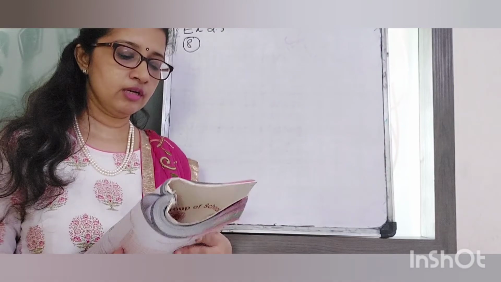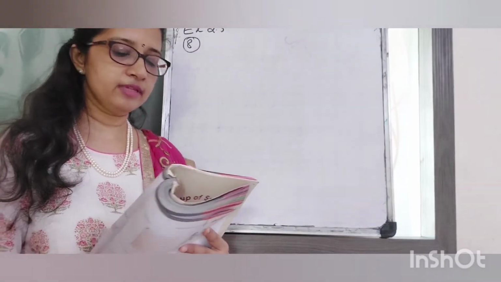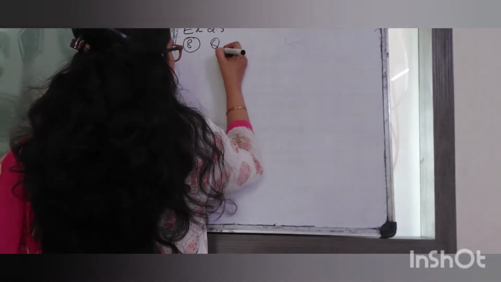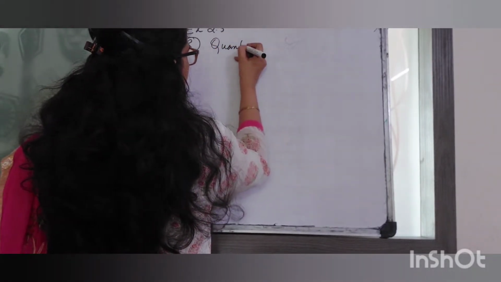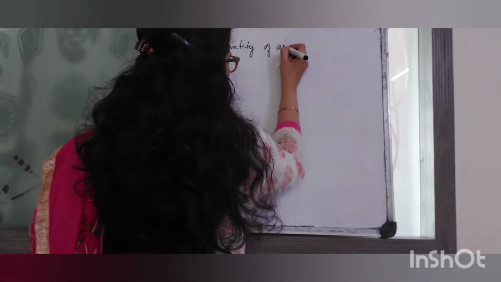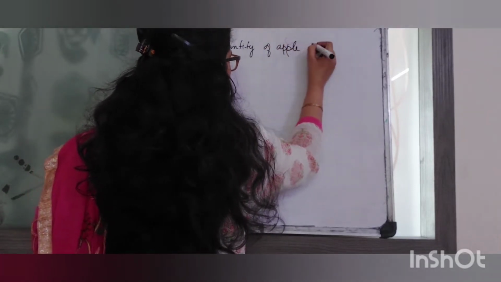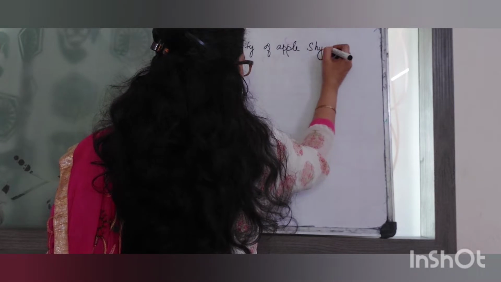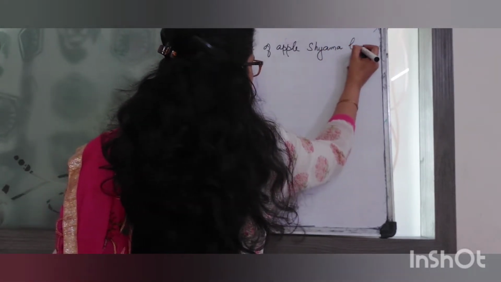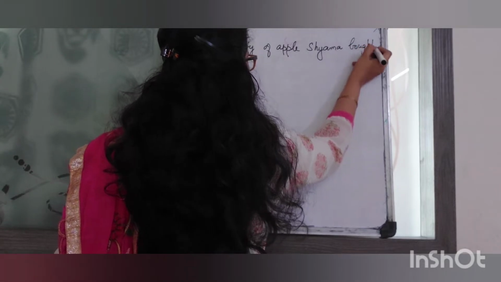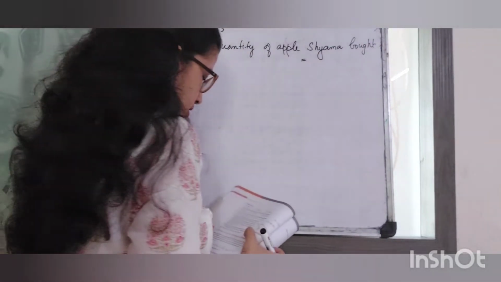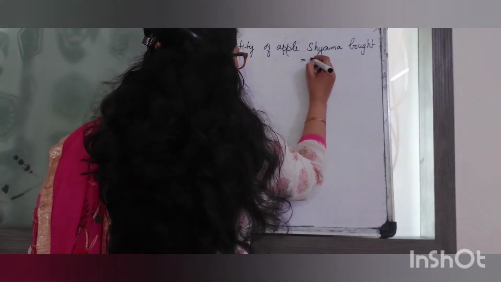Shyama bought 5 kilogram 300 grams of apples. So the quantity of apples Shyama bought is equal to 5 kg 300 grams.